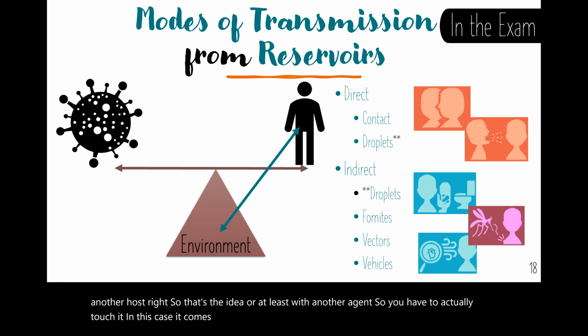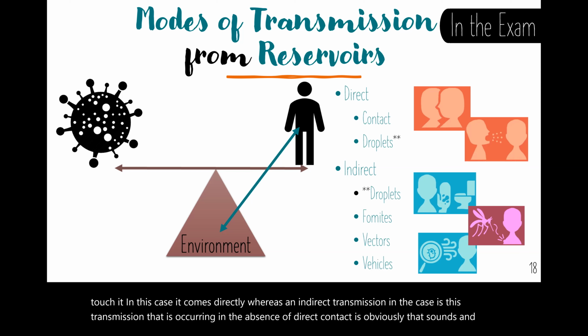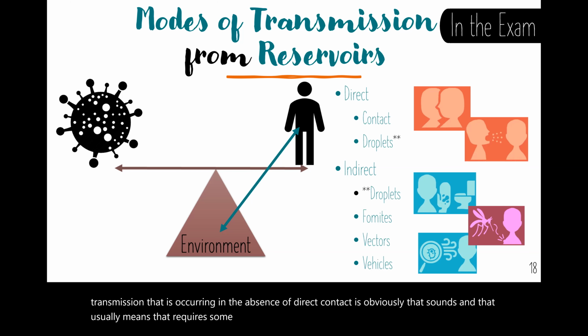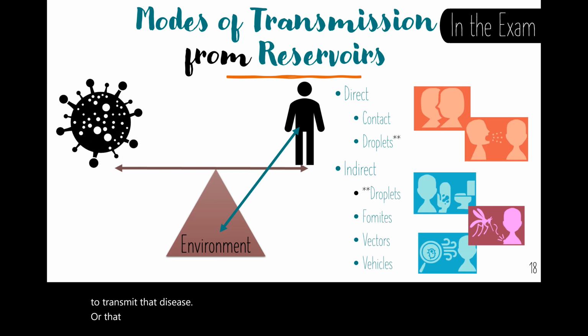Whereas an indirect transmission is transmission that is occurring in the absence of direct contact, as obvious as that sounds, and that usually means that it requires some sort of intermediary. Something else has to come in between to transmit that agent.